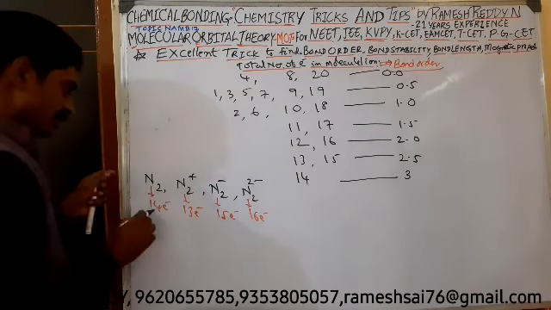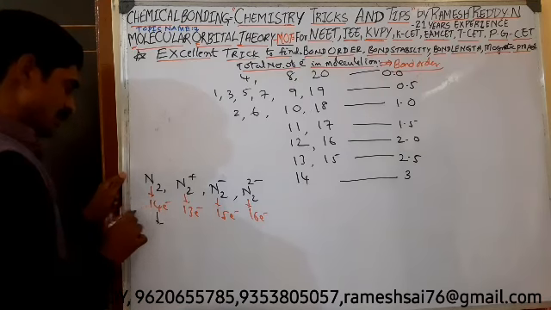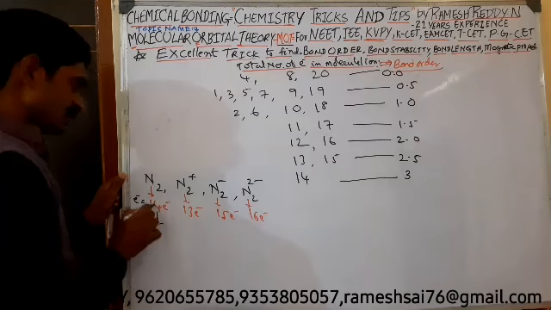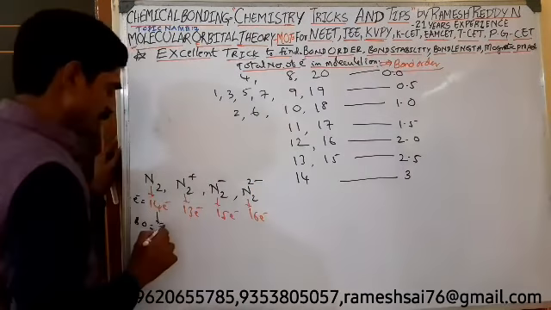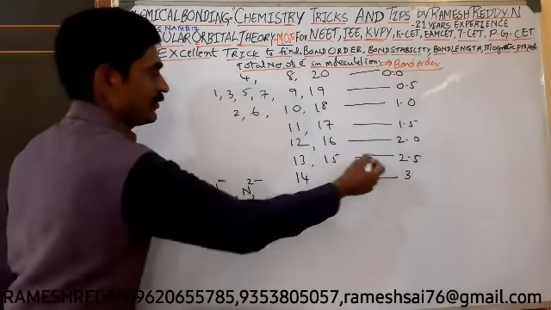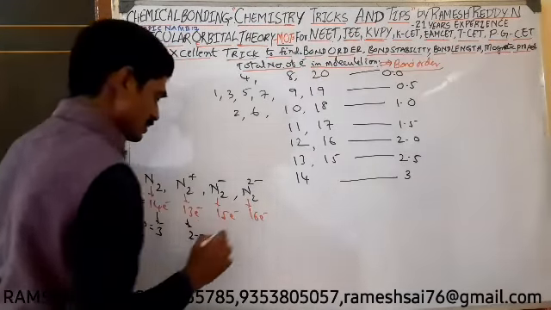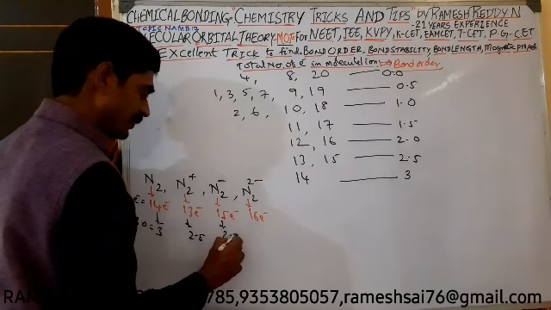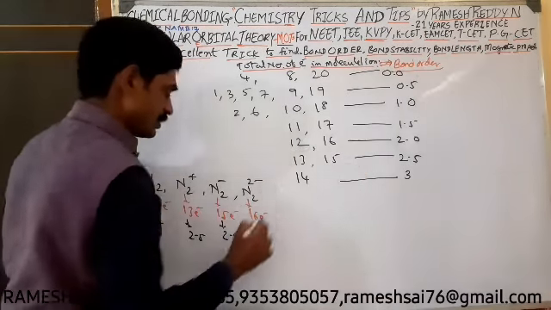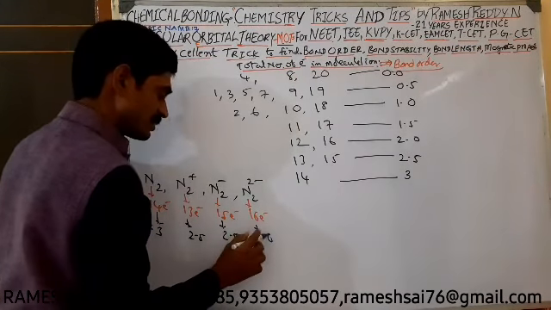Next one. Now bond order. These are the total number of electrons, right? Then bond order. If 14 electrons, bond order is 3. 13 electrons, 2.5. 15 electrons also 2.5. 16 electrons, 2.0, right?